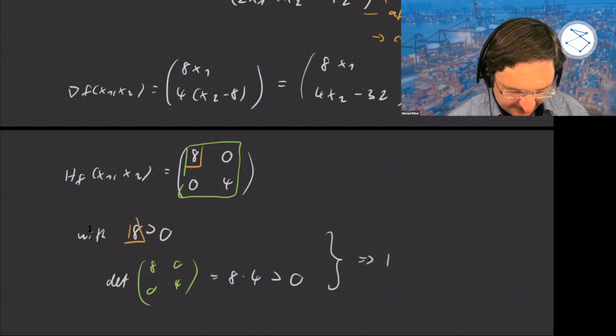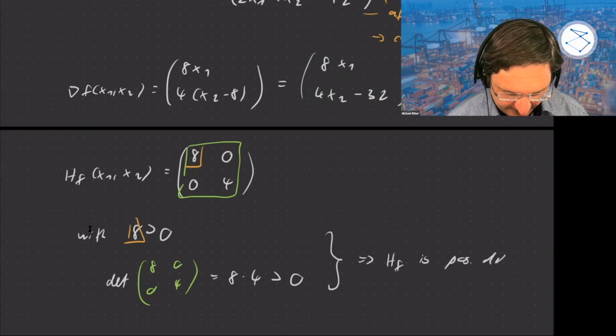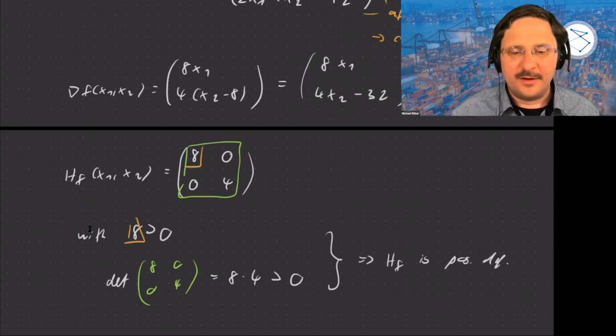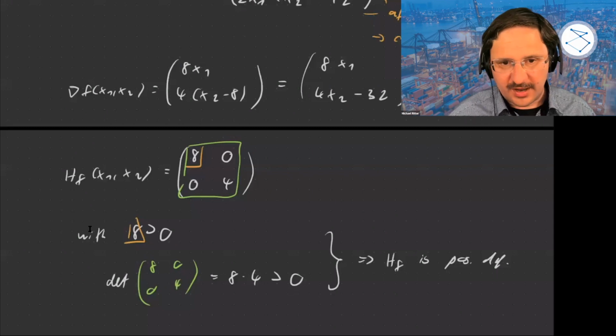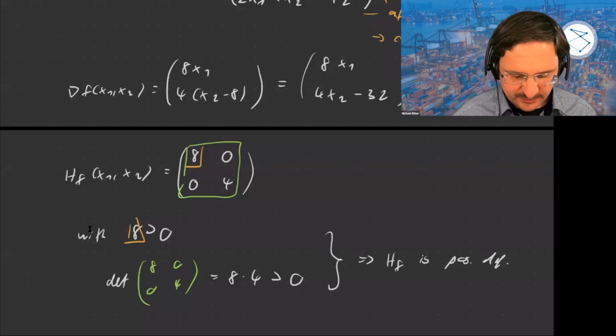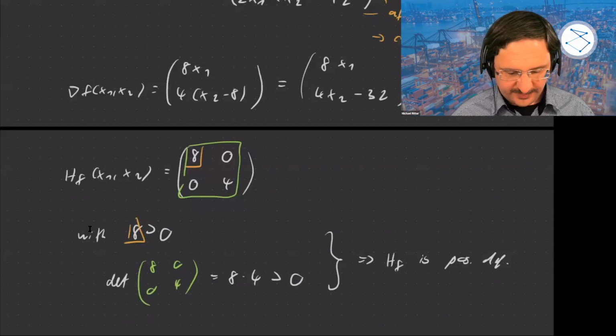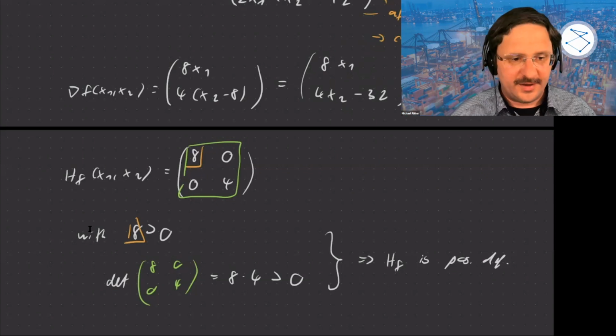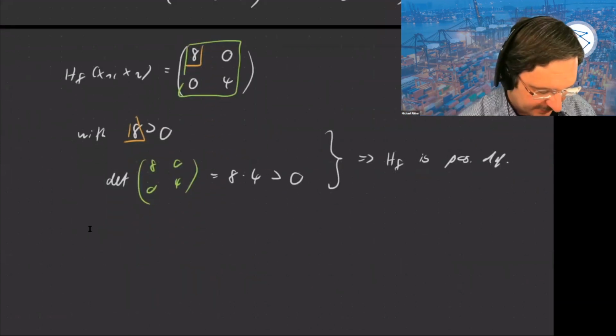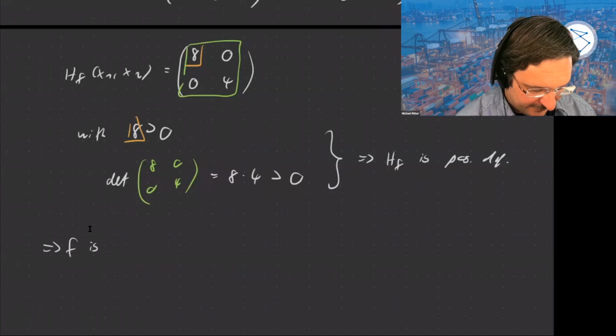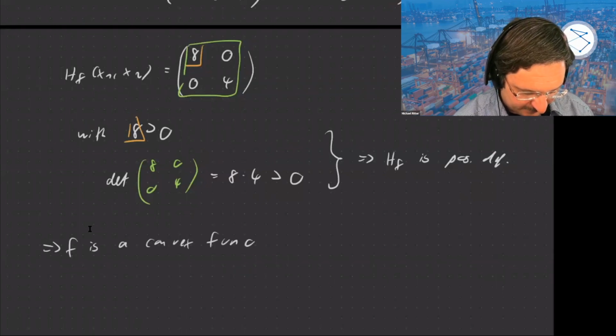That means HF is positive definite. And that means we do have a convex function. So that function is convex everywhere because the Hessian does not depend on the x variables. Okay, so F is a convex function.